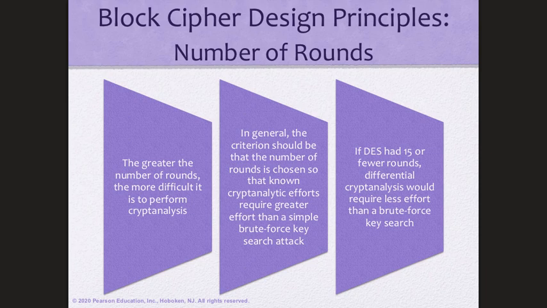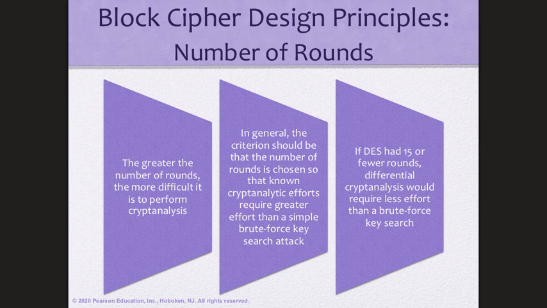And for the case of DES, if you stop at 15 rounds, then cryptanalysis would require less effort than brute force. Once you go to 16 rounds, the mathematics is not provided here. That's way beyond even my own capability because I'm not specialized in this domain. It would require me to study how they do the mathematical proof.